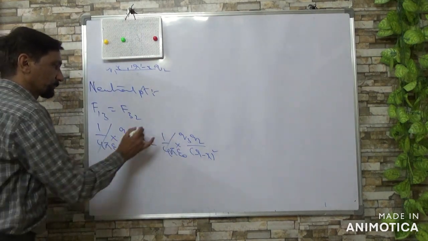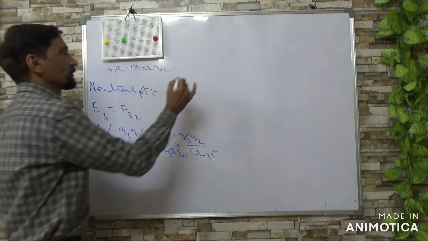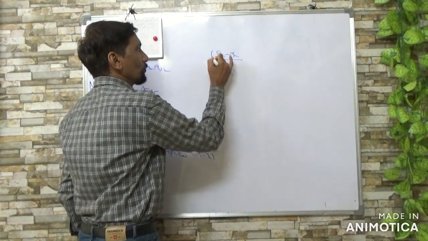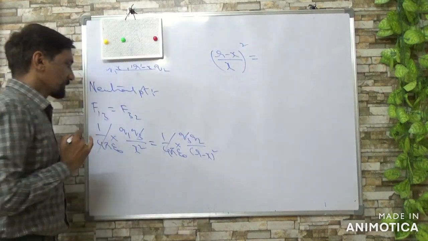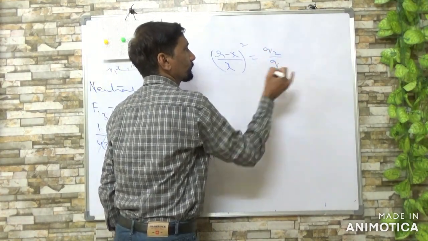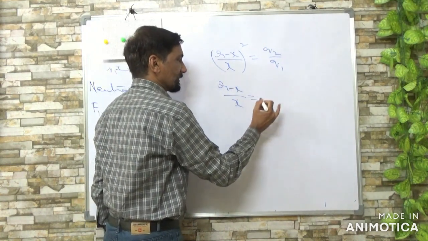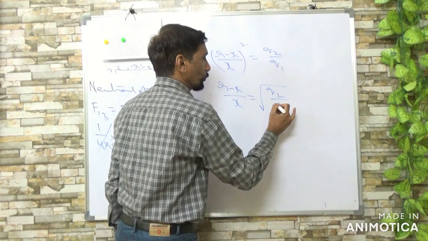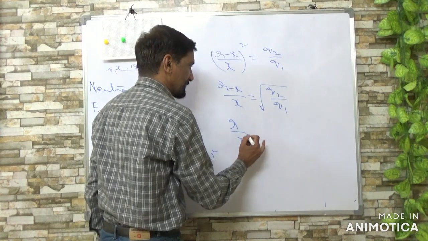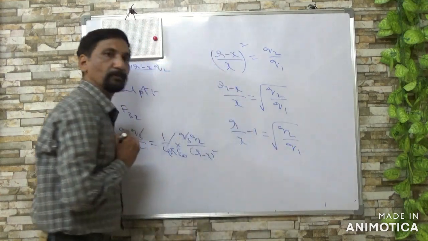So the common terms get cancelled, and you can take this to the other side. So (r minus x) by x, whole square, is equal to q2 by q1. So (r minus x) by x is equal to root over q2 by q1. Or you can write r by x minus 1 equal to root over q2 by q1.